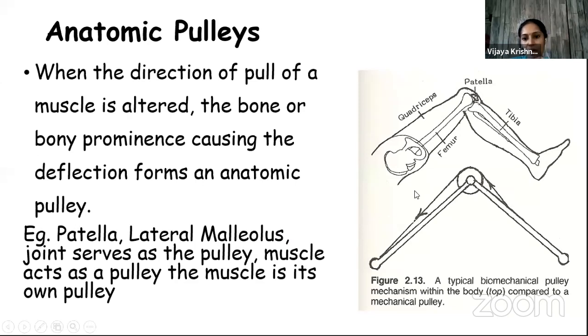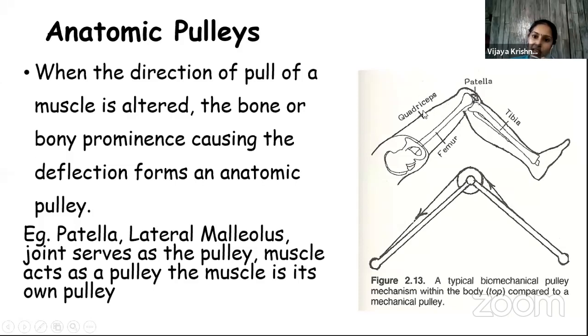An example of this is the patella, the quadriceps muscle here, and the force generated by it to cause tibial extension. As you can see, the quadriceps muscle originates from here and is inserted into the patella and causes knee extension. The patella here acts as a groove and a pulley.